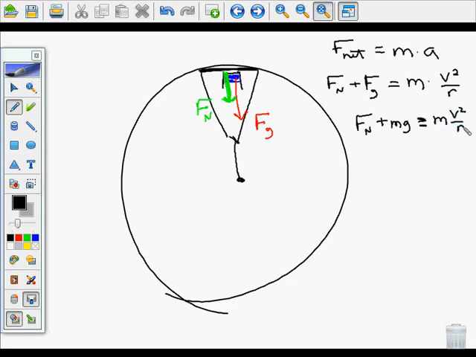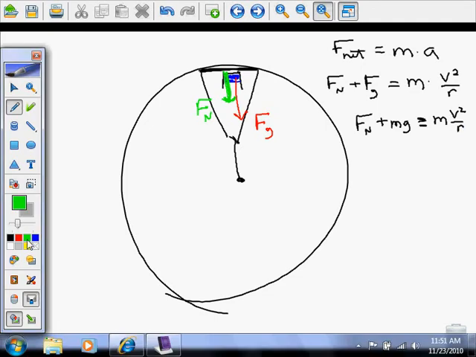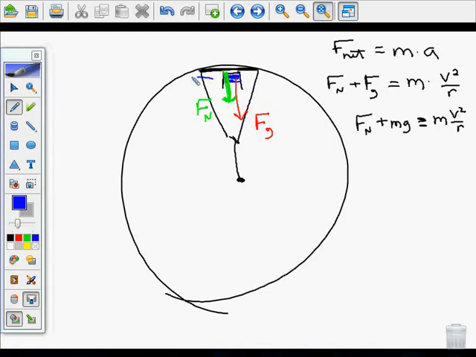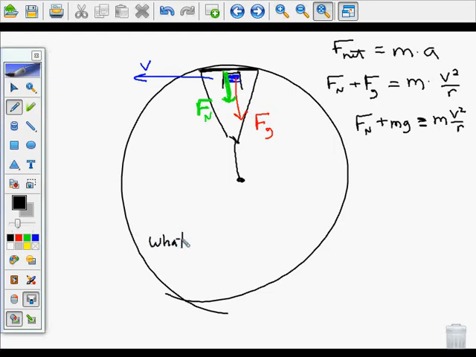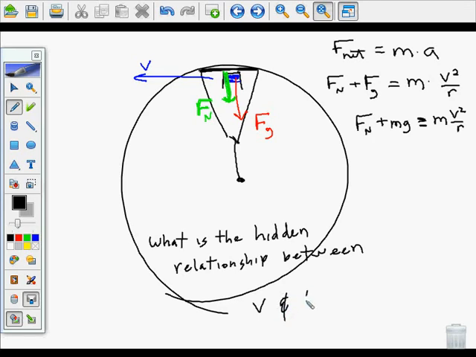So the normal force plus m times g equals mv squared over r. What we're going to do is look at the hidden relationship between the tangential velocity and the normal force.